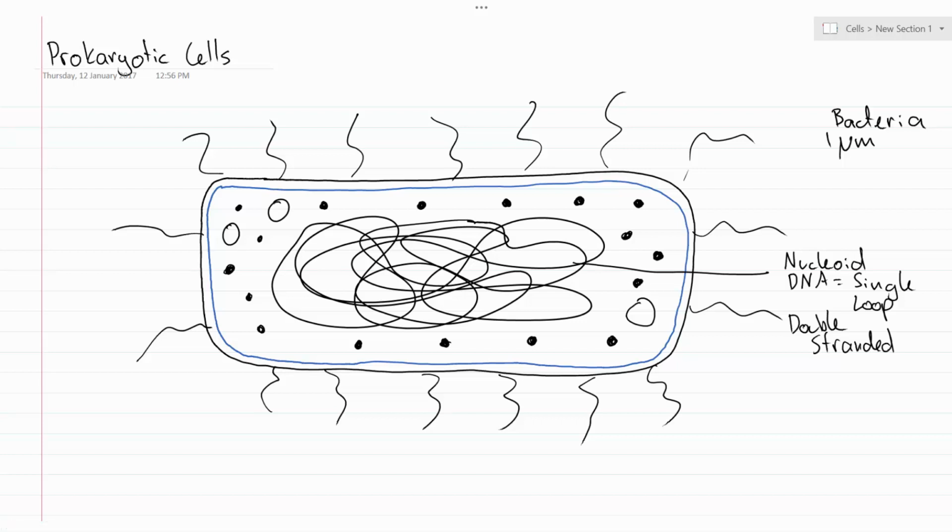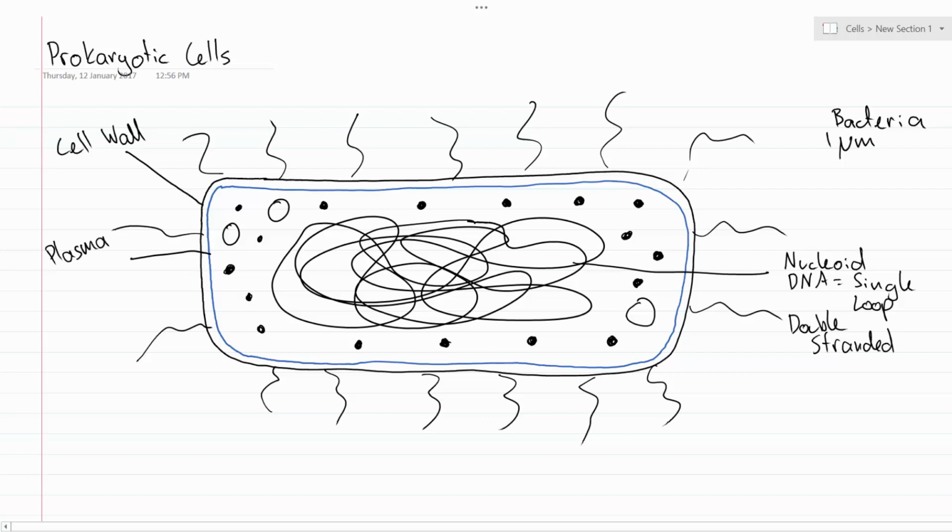Now, what we also see in a prokaryotic cell is a cell wall. So the cell wall here is designed to enclose the cell and keep it rigid and keep some structure to the cell and keep it strong. And just inside of that cell wall in the blue here, what we have is a plasma membrane.